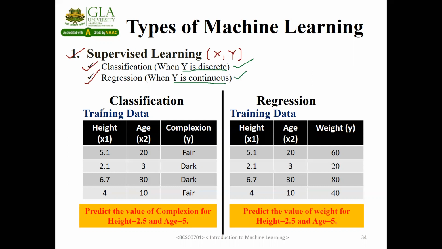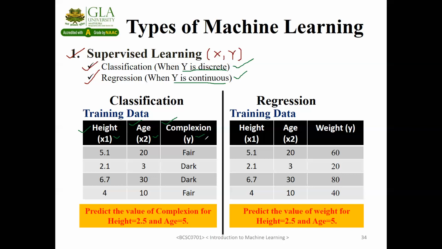For example, here we have the same data set which we saw in the earlier slide. We took height, age, and complexion from that data set, and we represented height by x1, age by x2, and we make complexion the y feature, that is the target feature.